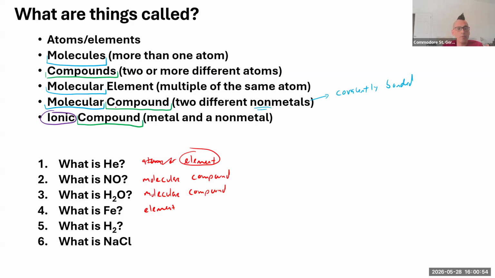That's a molecule, but specifically, it's multiple of the same atom. So it's going to be called a molecular element. NaCl, this is the metal. Two different ones. So this is going to be an ionic compound.